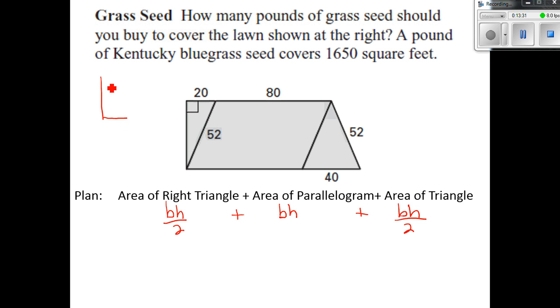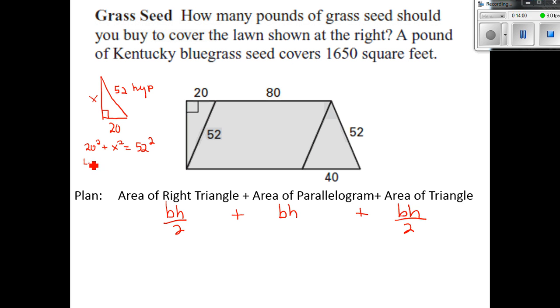Okay, so let's look at the right triangle. I'm going to redraw it so it looks like this, so I can see it upright. So this is 20, this is 52. Now, what do you remember about right triangles? Can you find the third side? Yes, we can by the Pythagorean theorem. So 20 squared plus x squared is equal to 52 squared, because this is the hypotenuse.